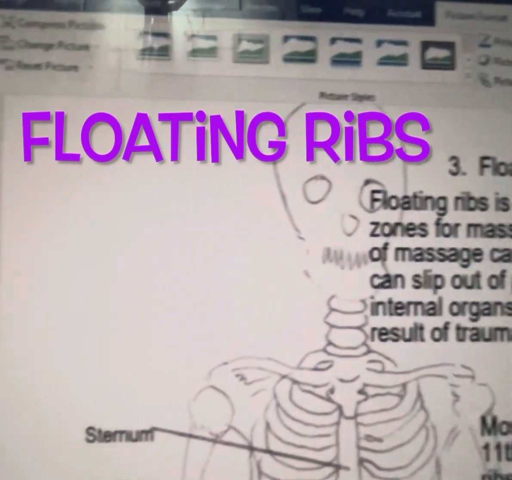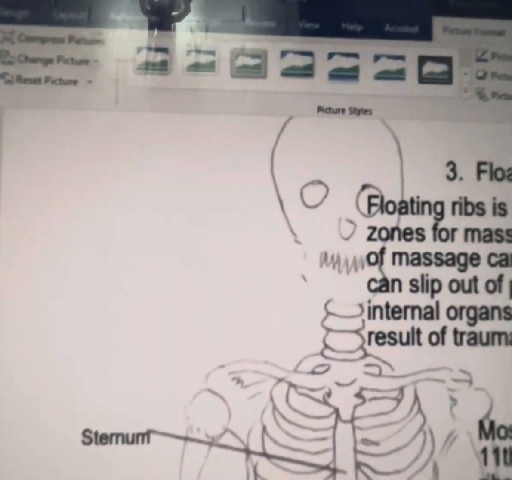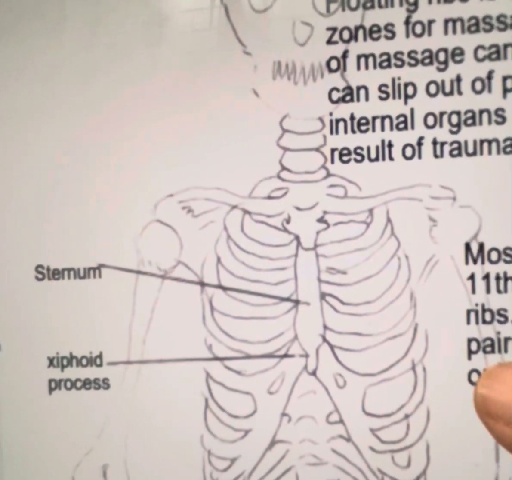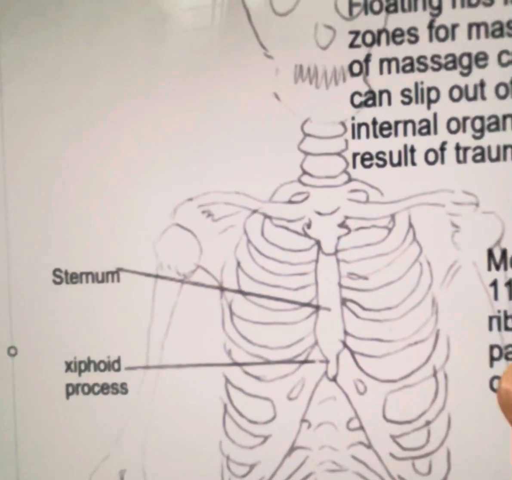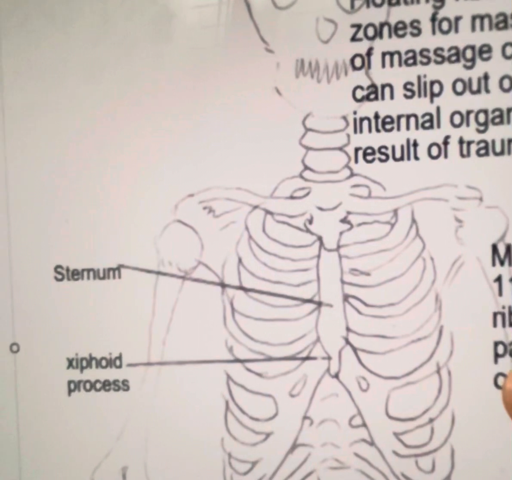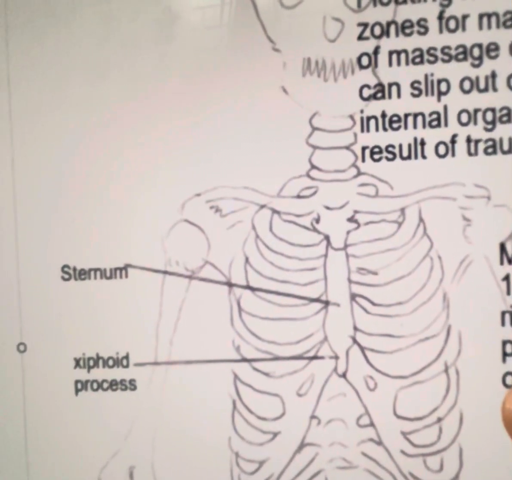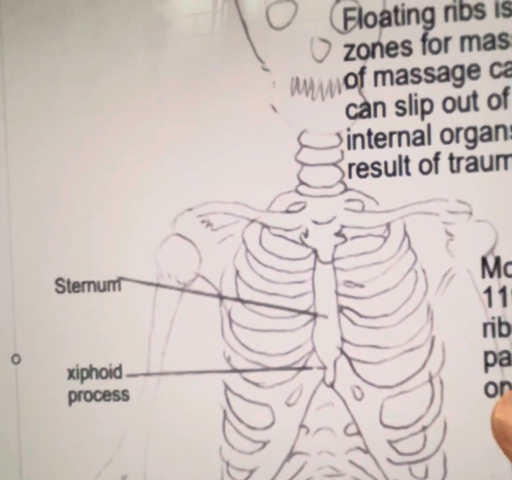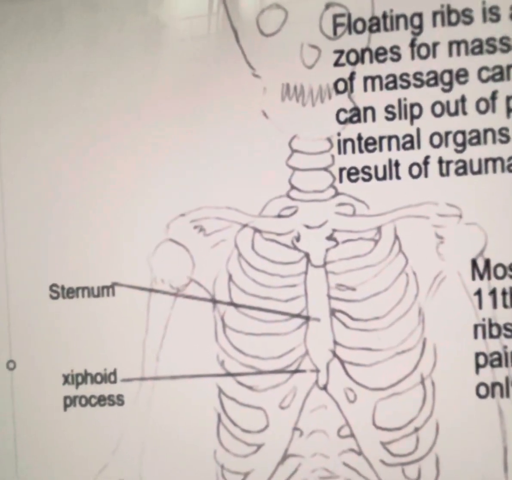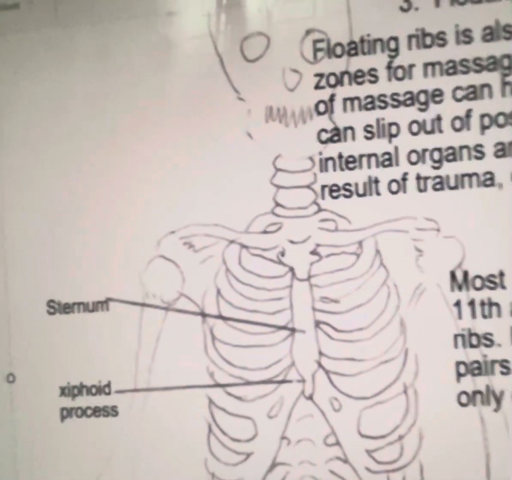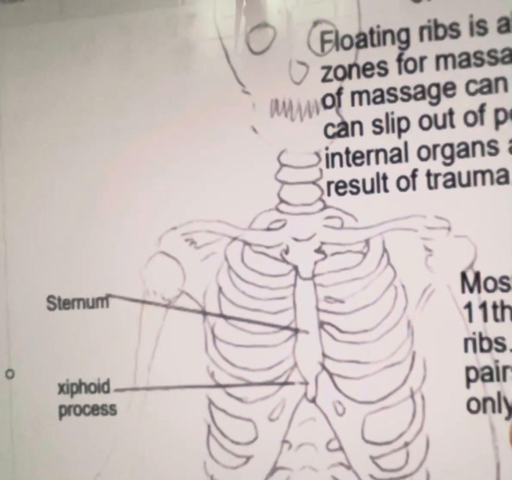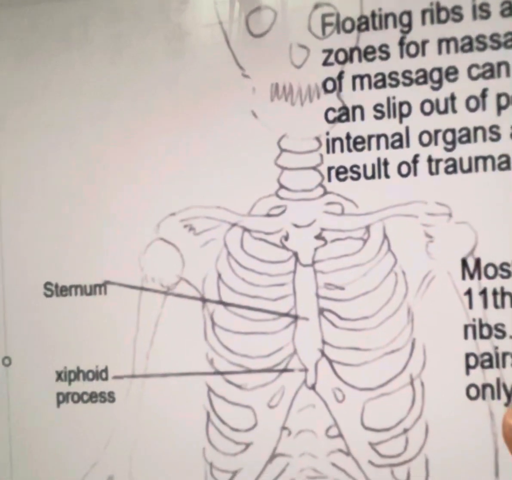Next one is our floating ribs, also included in our endangerment zones for massage, because putting too much pressure of massage can harm the floating ribs. These ribs can slip out of position, putting pressure on internal organs, and they can also be broken as a result of trauma, causing considerable pain.